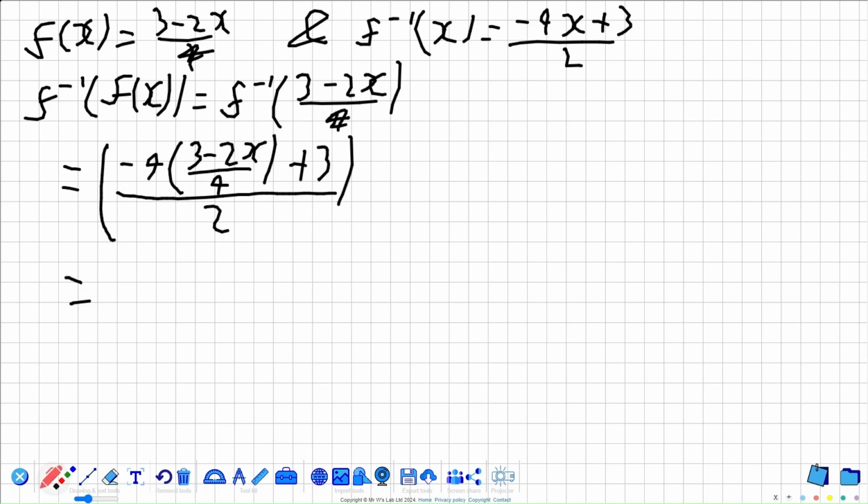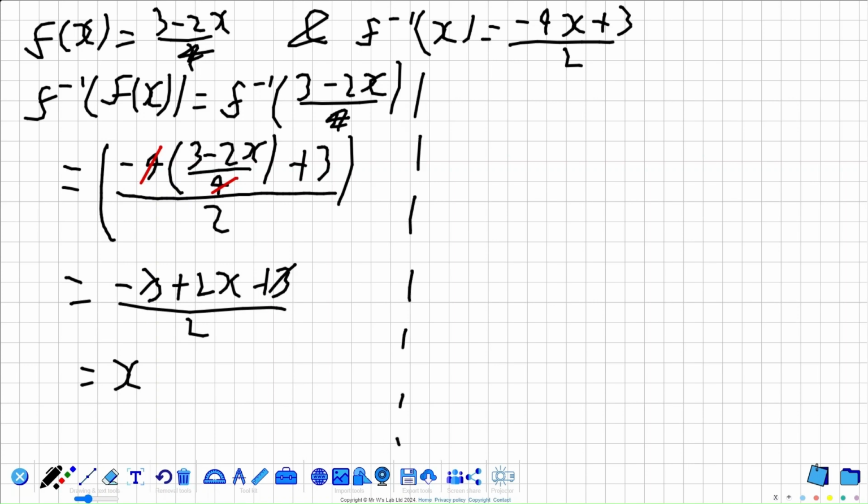That becomes easier because we can cancel those two, so it becomes negative 3 plus 2x, plus 3, over 2, which equals just x. And that matches the rule.